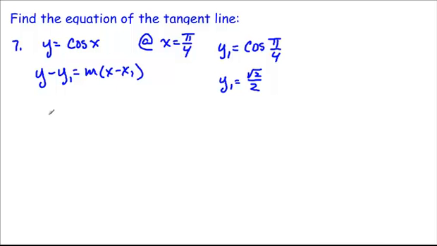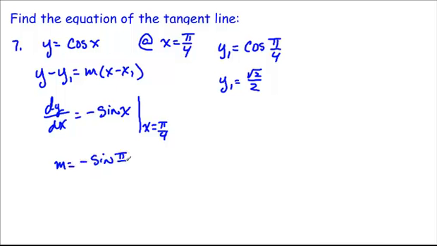We also need the m, and how do we find that? Yes, the derivative. Very good. The derivative of cosine is negative sine x. But to actually find the slope, we need to plug in the pi over 4. So our slope is equal to negative sine of pi over 4, which is negative radical 2 over 2.